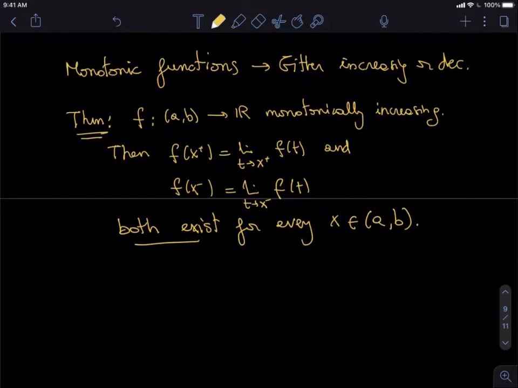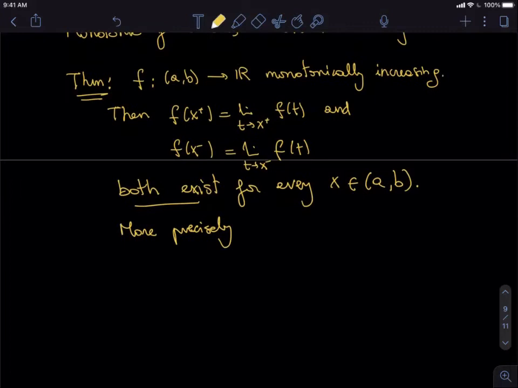So you pick any point in the domain x, these lateral limits are going to exist. If you want, we can make it more precise. We can write it like this. We can say that the limit from the left is lesser or equal than f(x), lesser or equal than the limit from the right.